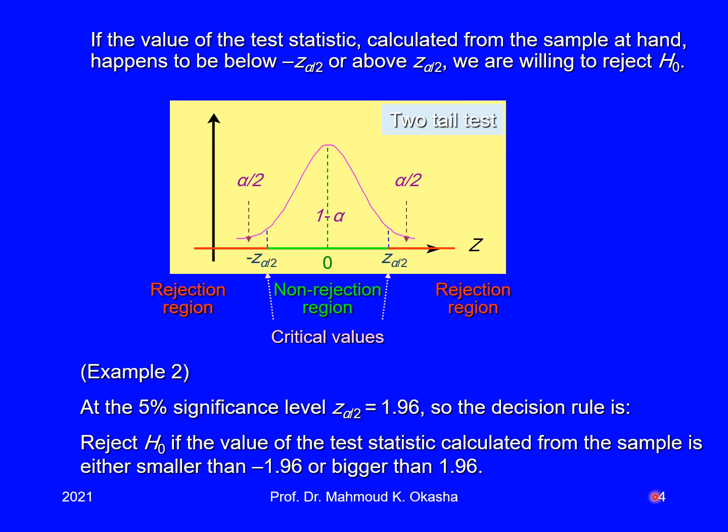Example: at the 5% significance level, Z half alpha equals 1.96 from the standard normal distribution table.